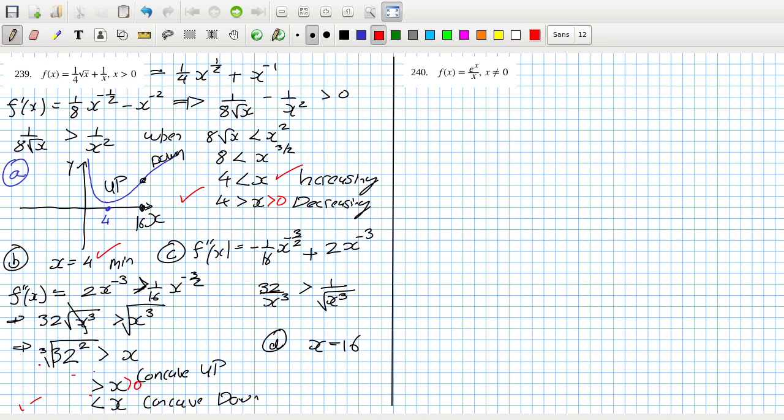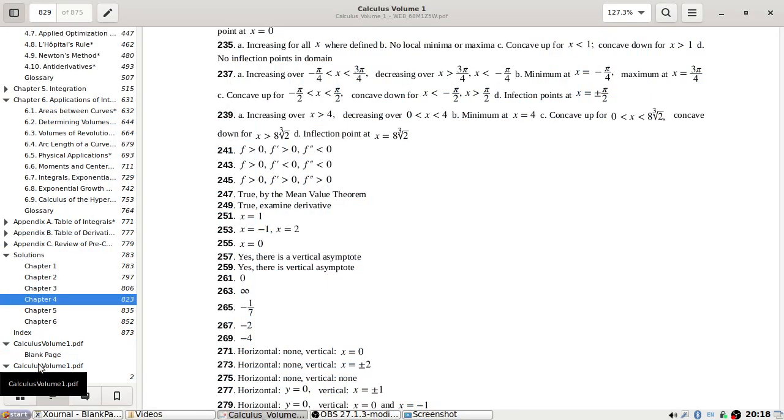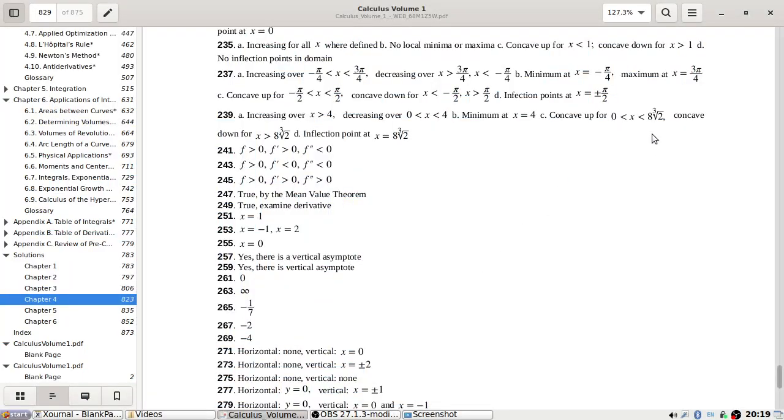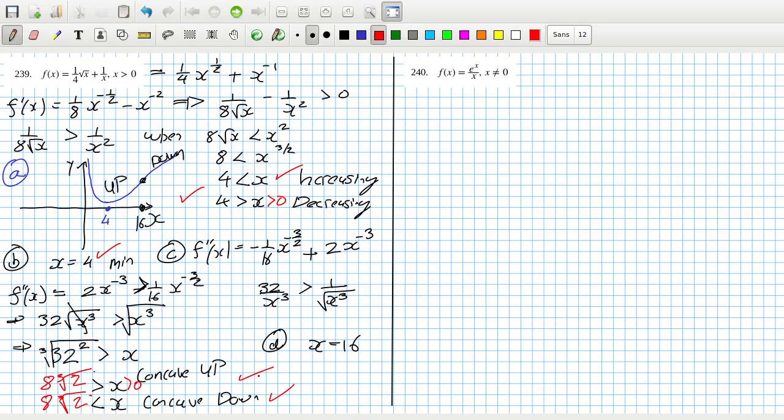Let's see. 32 squared. And then yeah, it's correct. It's correct. Same 8 cube root 2. Same number. Okay. Concave down. Yeah. Inflection point.